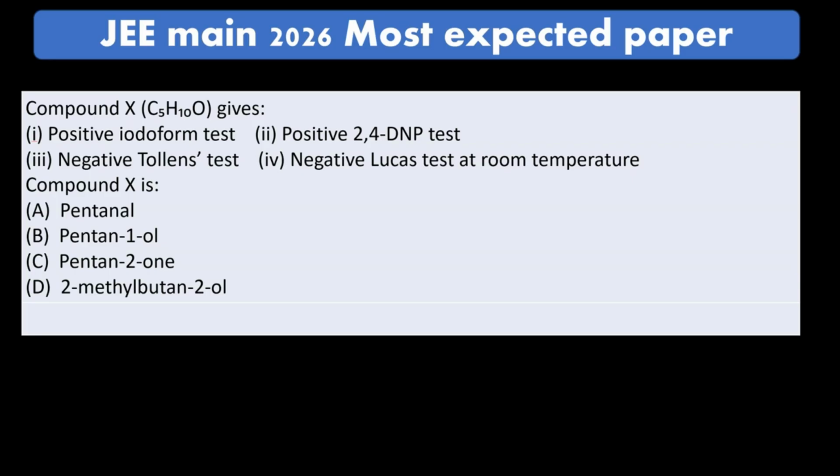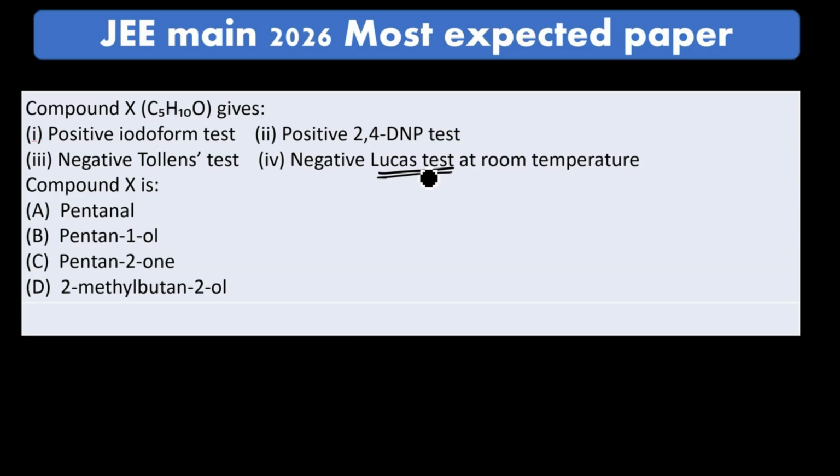And compound X gives positive to iodoform test and positive to 2,4-DNP test, negative to Tollens test, negative to Lucas test at room temperature. What is that compound X? Okay, so first of all, negative to Lucas test, which can be, that is a test for alcohol, right?